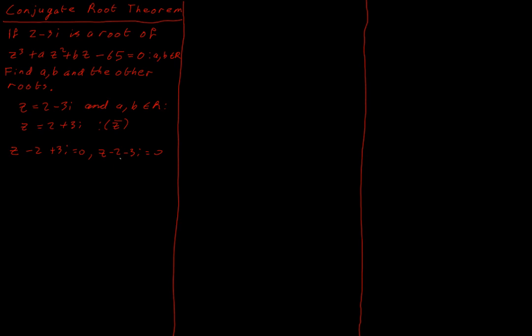These are now my 2 factors that I'm going to multiply together to get the quadratic factor of my cubic, and then I'm going to use that to get my remaining factor and find the values of a and b. So I'm going to multiply my factors together: z minus 2 plus 3i and z minus 2 minus 3i. I'm going to multiply these out and come back to you.